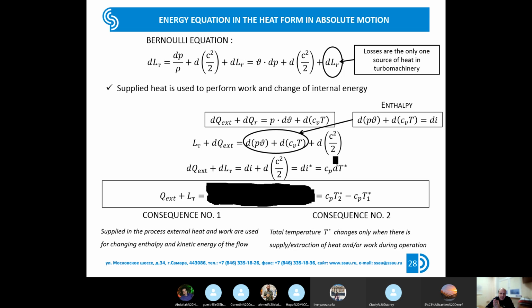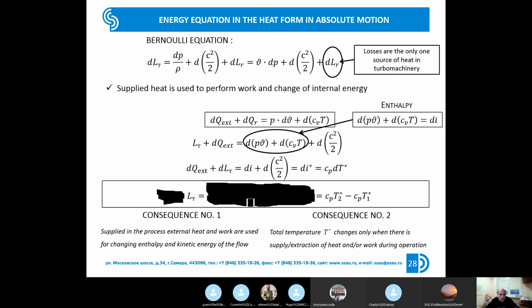In turbomachinery, we have no supplying heat. We have no heat exchangers, we have no combustion. That's why in turbomachinery we could erase this part, and finally, for turbomachinery, the total temperature will be changed only if you are supplying or extracting mechanical work.